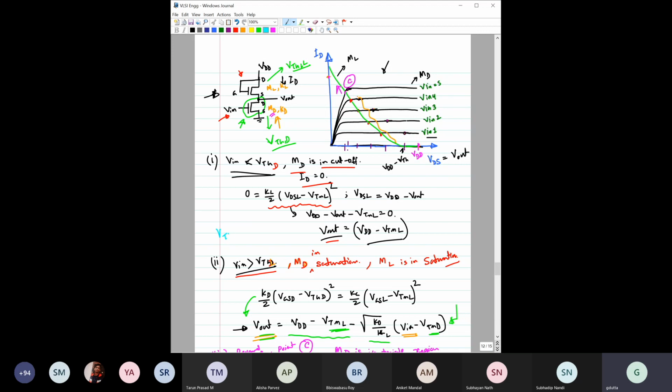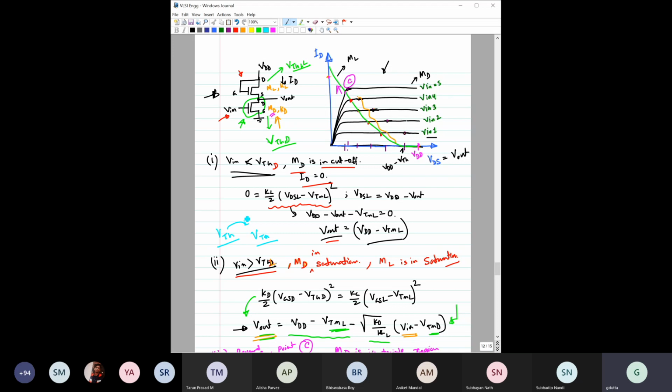So, I am writing this VTH. Sometimes this T, sometimes this H looks like VTN. And in your book also it is written as VTN. But I have an inherent tendency, from a semiconductor device point of view, to always write threshold voltage as VTH. So I might also be switching between these two.